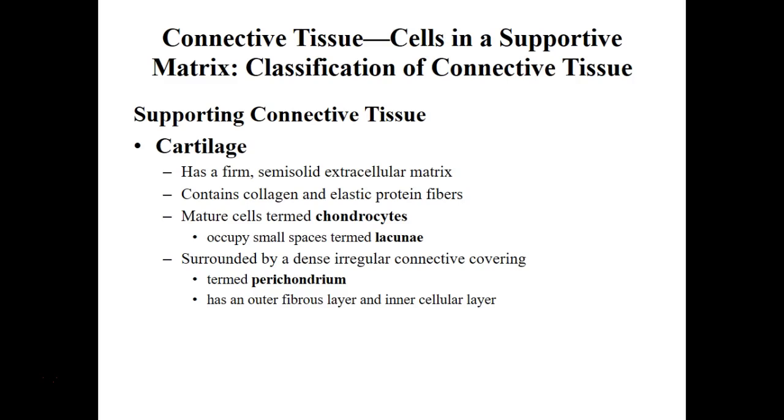So the supporting connective tissues include our cartilage and our bone. Cartilage is a semi-solid connective tissue, so it has kind of a gelatinous structure, which makes cartilage a little bit easier on bending. It won't snap.